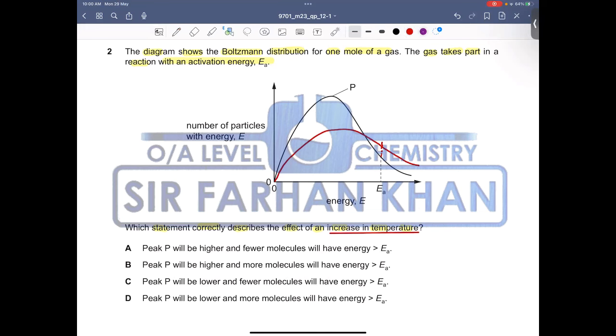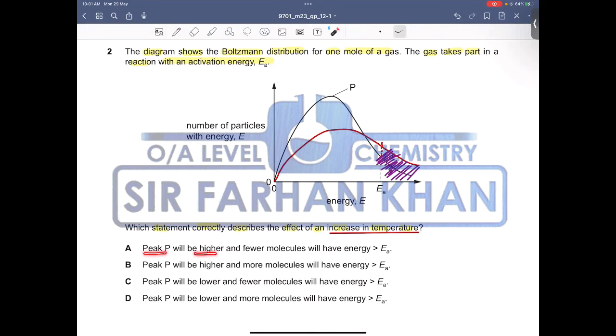And from this, conclude the proportion of molecules with energy greater than or equal to activation energy. Okay. So let's talk about one by one.